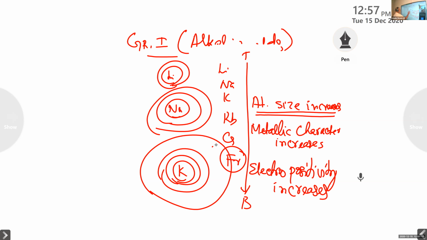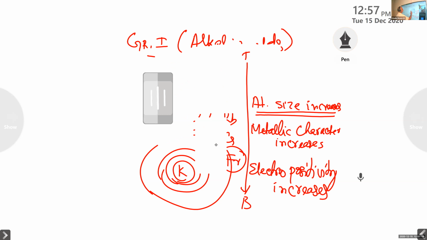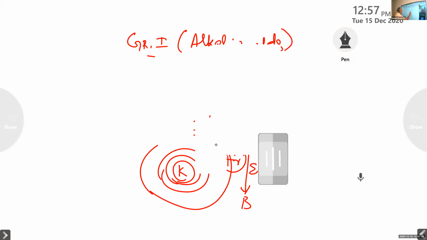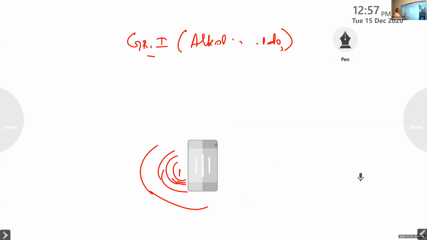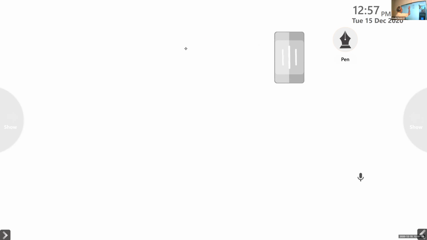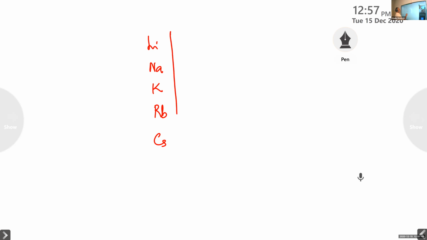Okay. Now let us see a property known as a diagonal relationship. We know the first member in the alkali metals is lithium. Say lithium, sodium, potassium, rubidium, and cesium. Now consider the next period.